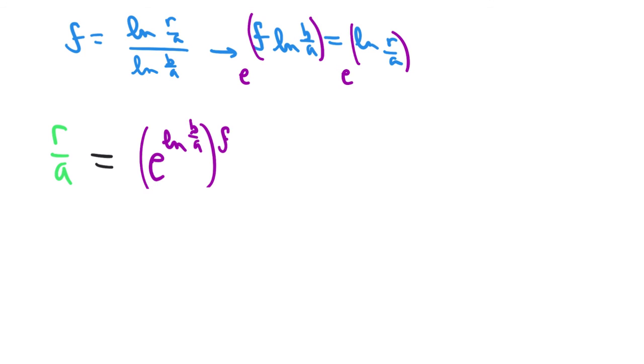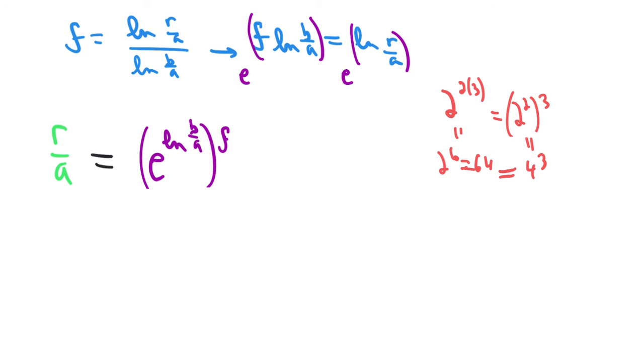To go off to the side, for instance, 2 to the 2 times 3 is the same as 2 squared cubed. Over here we have 2 to the 6th, which is 64, and over here we have 4 to the 3rd, which is also 64, in case you didn't believe me.